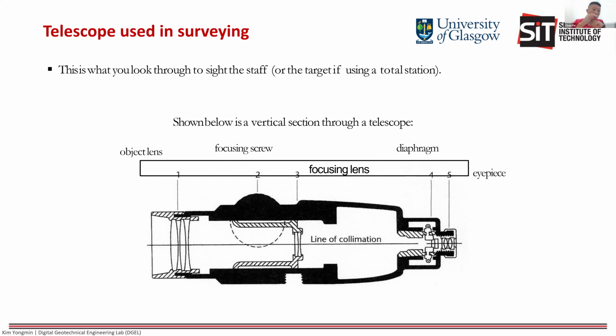On the eyepiece, the crosshair is printed and covered by some protection layers. You can see the center line is called the line of collimation. This is very important. It is supposed to be always horizontal, 100% horizontal. So no matter how you turn your leveling instrument, it should be at the same level. That's the basis of leveling survey.